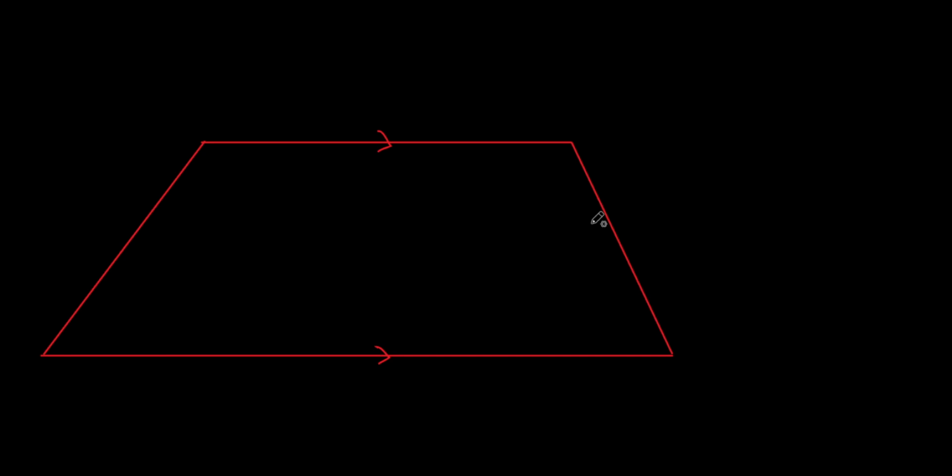So what do I know about this angle and this angle? They're supplementary, which means they add up to 180. I'm not going to put any numbers in here, I'm just going to let you know. Hold up, I lied.